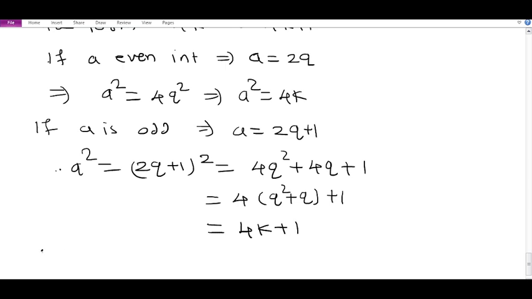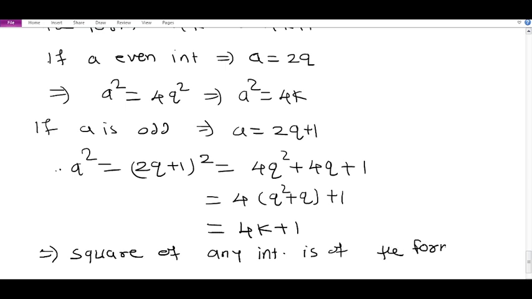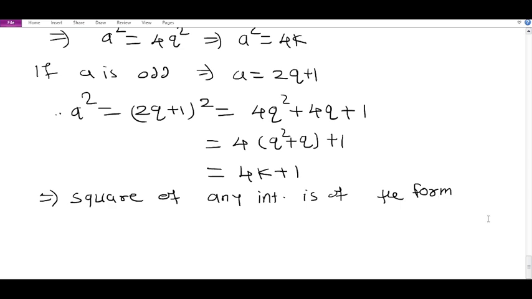So this implies the square of any integer is of the form 4k or 4k plus 1, not 4k plus 3.